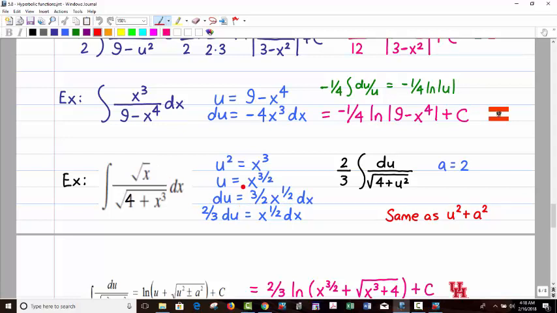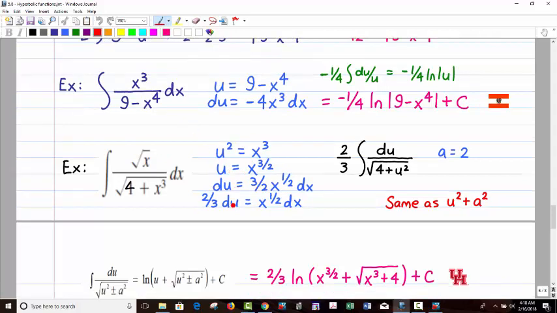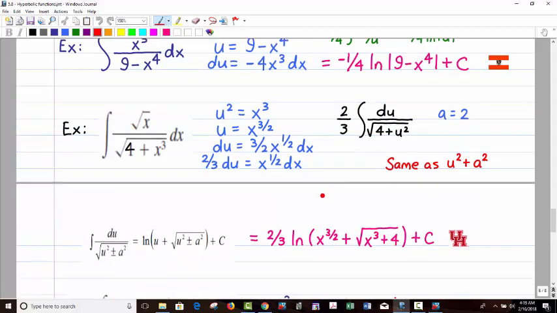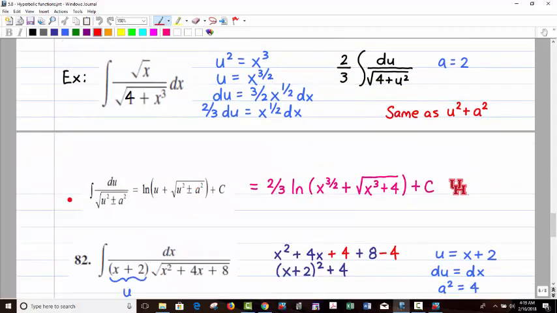So we bring the 3/2 down, x to the 1/2, and there's our square root of x on top. So it fits beautifully. So we have 3/2, so it's 2/3 when we flip it over. That means our numerator here, square root of x dx, is 2/3 du. And then we have square root of 4 plus u squared. So I would have looked at those formula rules, and I would have come to this conclusion right here. Fits that formula.